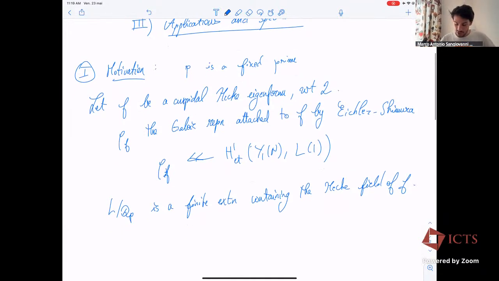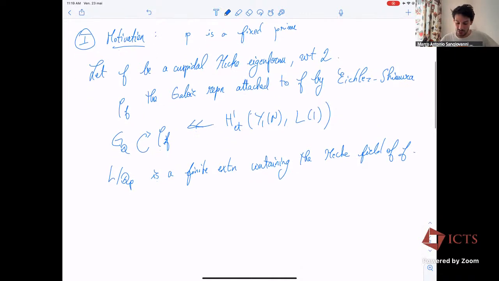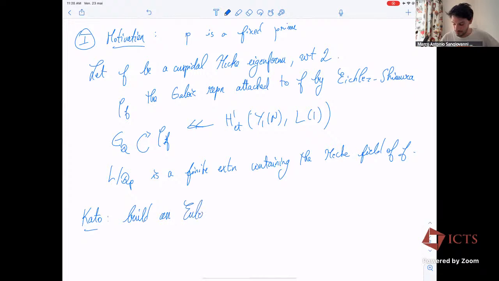And so this is a Galois representation of G_Q. And so in the examples I treated in the previous lectures, in the first one that also Chris explained, Kato built an Euler system for rho f seen as a Galois representation of G_Q.